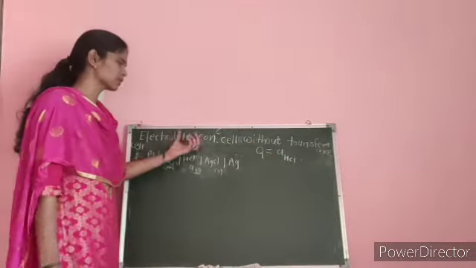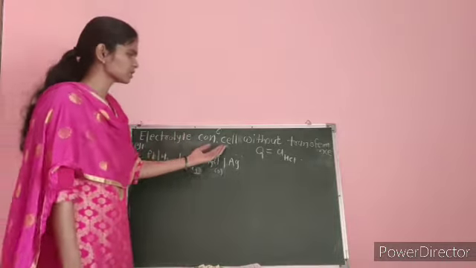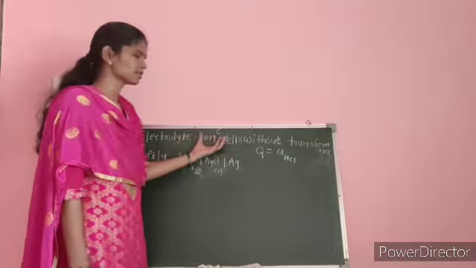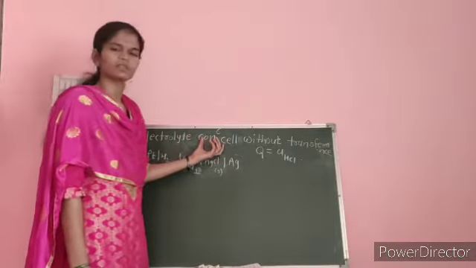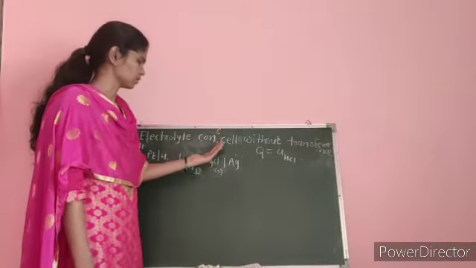Firstly, what is an electrolyte concentration cell without transference? In this cell, the two cells are the same and are combined with each other, therefore they oppose each other. The first cell is platinum with H2 gas at 1 atmospheric pressure, and HCl with A1 concentration, and the AgCl, Ag electrode. The second cell is the same, only the concentration changes, that is A2 concentration. These two cells are combined with each other, therefore they oppose each other.